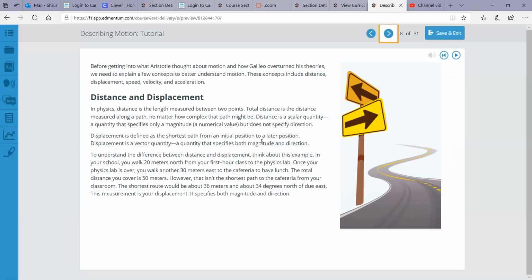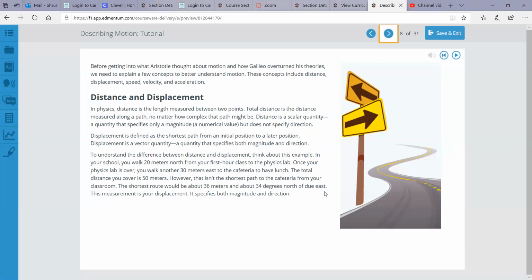So you say I traveled 60 miles. That doesn't tell you which way you traveled for 60 miles or necessarily that you went in a straight line, right? You could just keep taking turns for 60 miles and wind up not that far away from where you initially started.